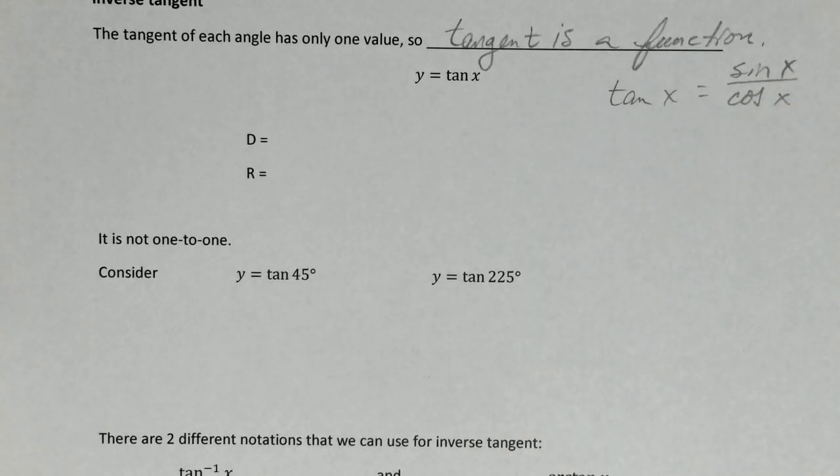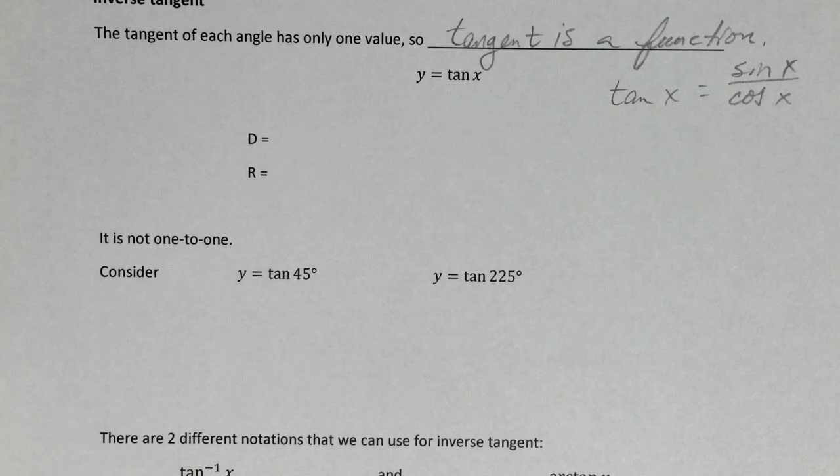And so anywhere cosine is equal to 0, this will be undefined. So it's actually not all angles. It's most angles. However, it can't be anywhere where cosine is 0. So that means it can't be 90 or 270 or keep adding 360 to those numbers. So basically it can't be an odd multiple of 90.